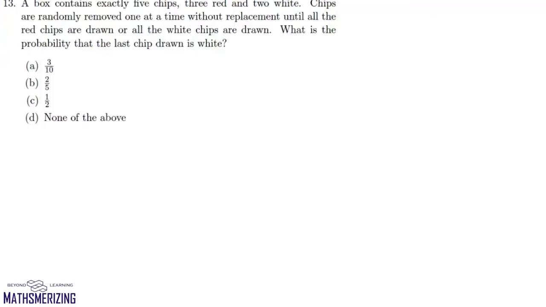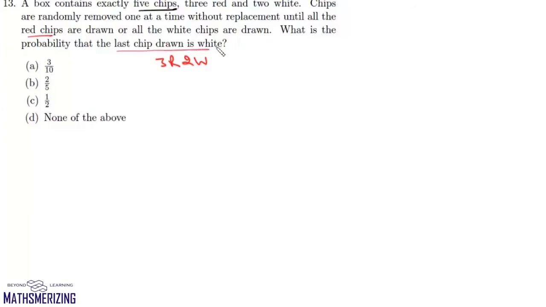Now question number 13 says, a box contains exactly 5 chips, 3 red and 2 white. Now it says chips are randomly removed one at a time without replacement until all the red chips are drawn or all the white chips are drawn. What is the probability that last chip drawn is white?